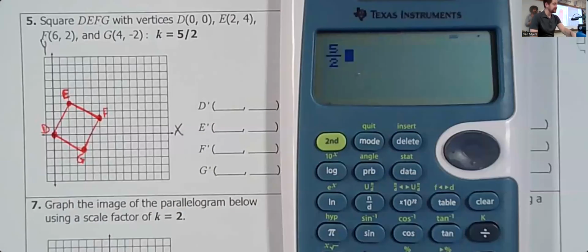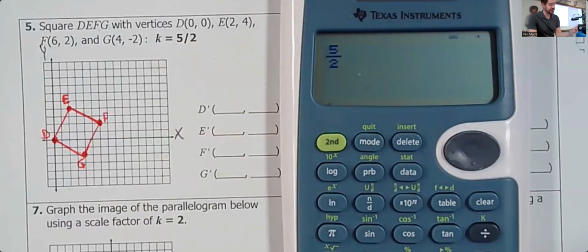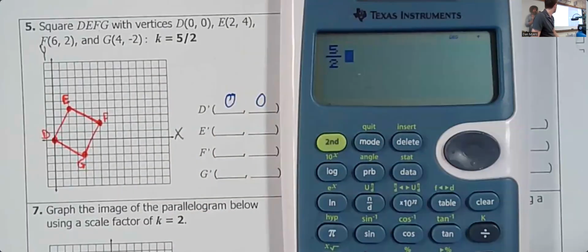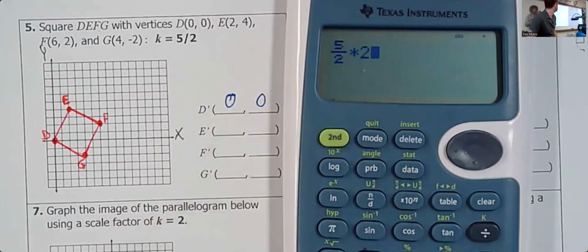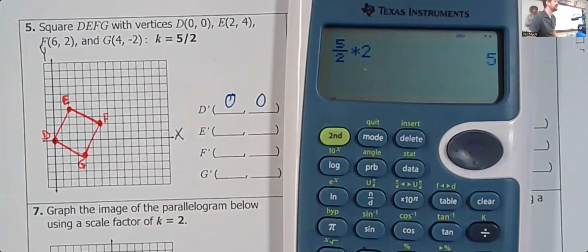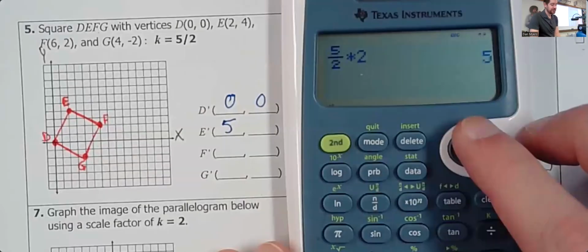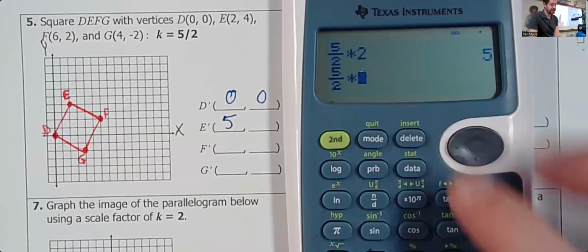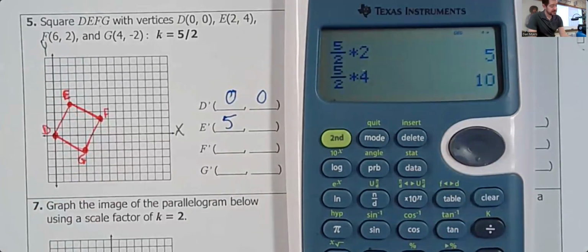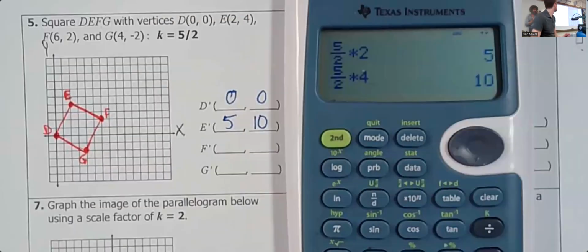And then go over and start multiplying. But we know multiplying by 0 doesn't change anything, so we may as well just keep D prime at 0, 0, because it's not going to change. But if we multiply by the values of E, 5/2 times 2 is 5. Then if you want to do that again, you can just type it in again and then multiply it by 4, which is 10. So we get 5, 10 for E prime.